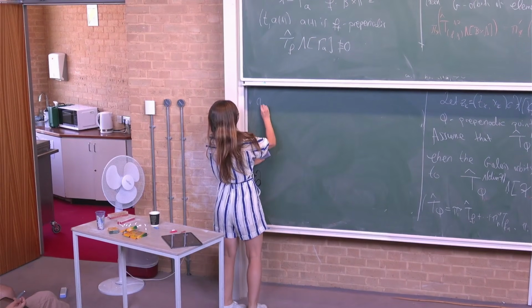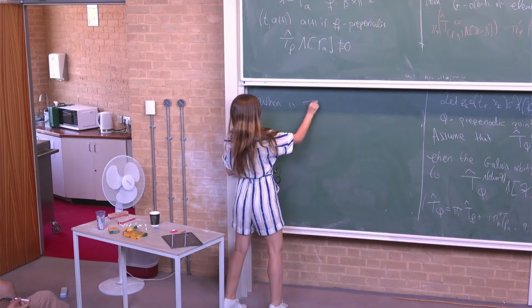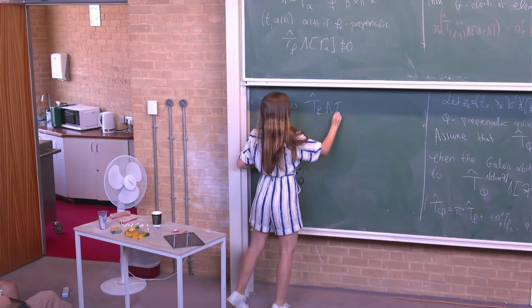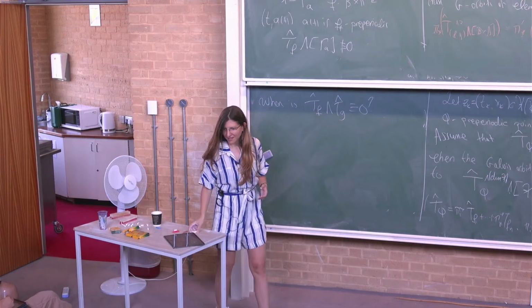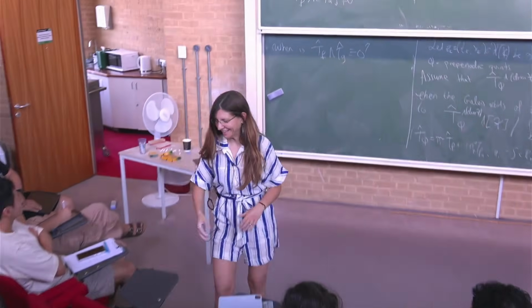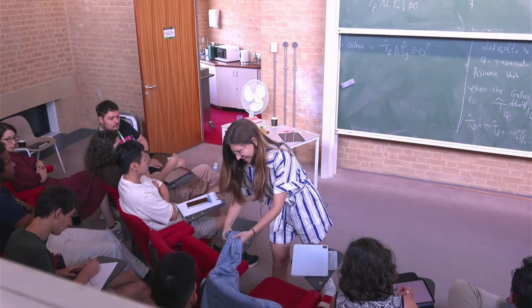So our question becomes, when is this wedge zero? I'll ask you again now. Any cases where it's easy to see that it is zero?